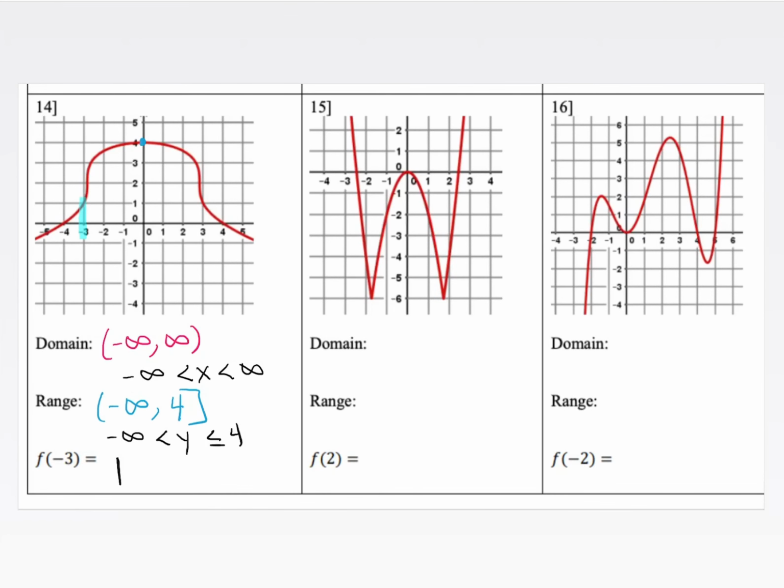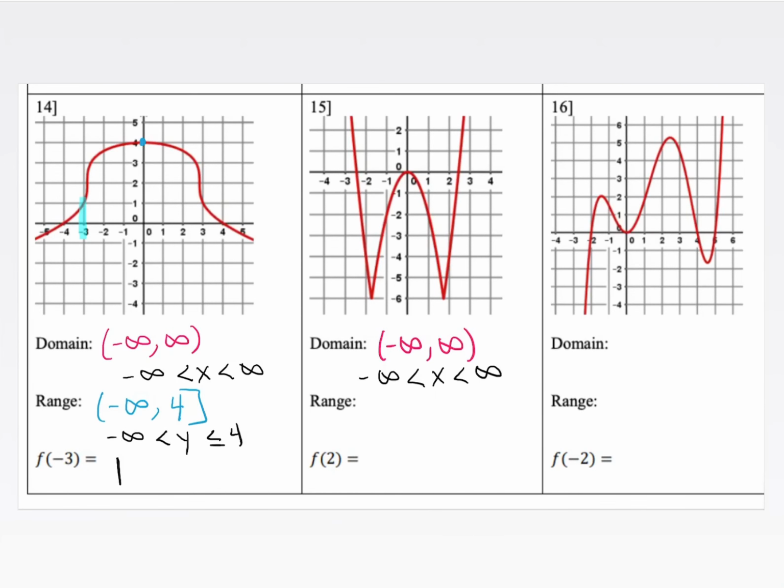Our next graph, we have this kind of W graph. Our domain is all of our x values, which in this case, all the way to the left and all the way to the right, is -infinity to +infinity. So again, our inequality notation is -infinity is less than x, which is less than +infinity. Our range is our lowest possible number to our highest possible number in terms of height.